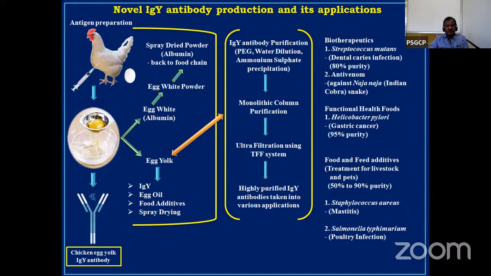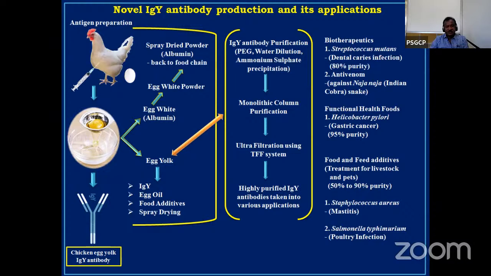Now it's an established field today. With up to 20-30 years of my experience, I could understand that globally many industries have come, and many antibodies are already available with chicken as a source of antibody. We have worked on about 20 theses on this, and we have proposed one advantage with chicken antibodies.